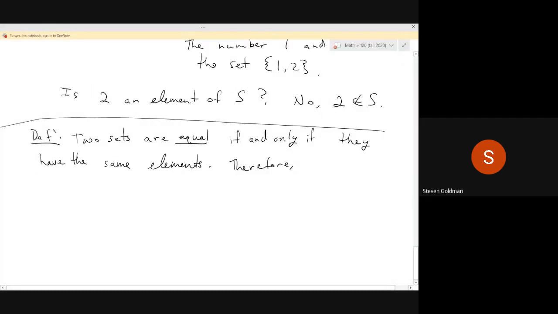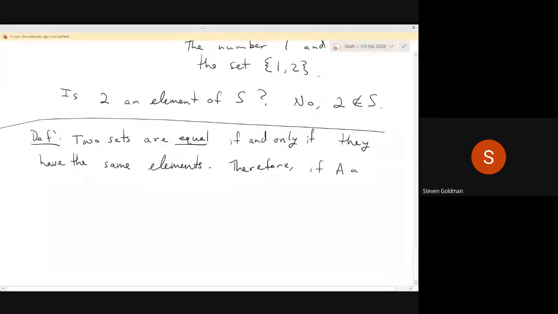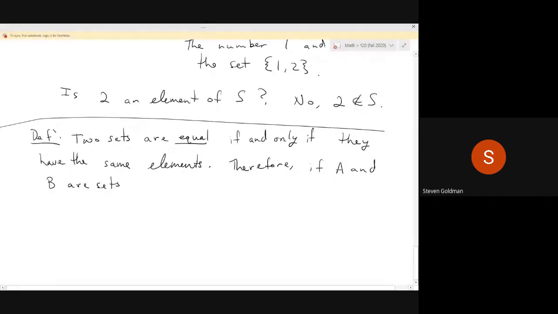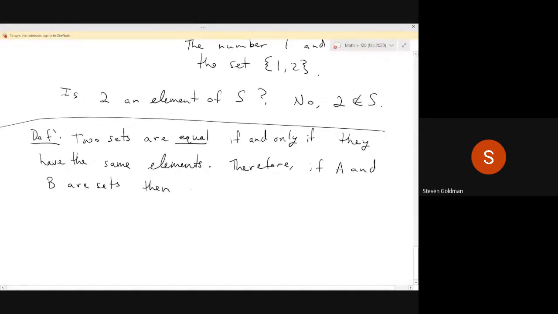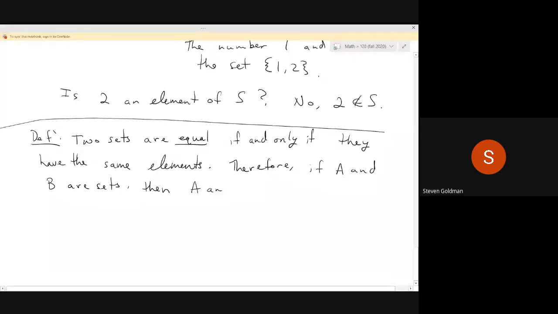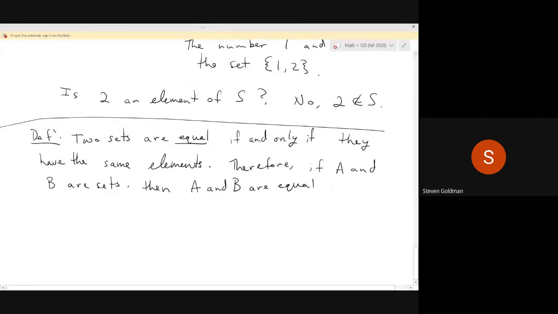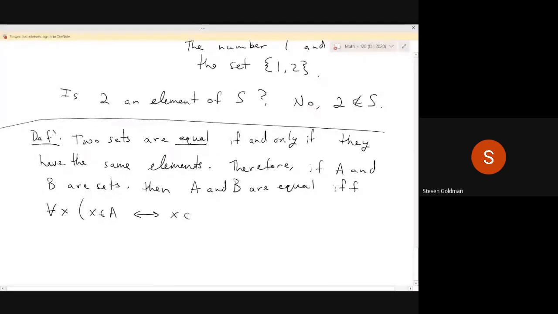So if A and B are sets, so A represents a set and B represents a set, then A and B are equal if and only if, I'll just write IFF, that's short for if and only if, for every element X, X is an element of A if and only if X is an element of B. That's what equality means.